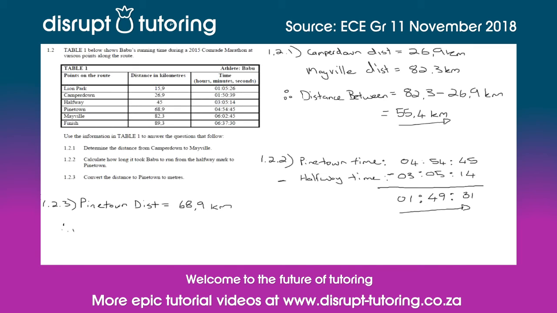So therefore in meters we need to take the 68.9, and multiply it by 1,000, and this becomes 68,900 meters. And that is your final answer for 1.2.3.